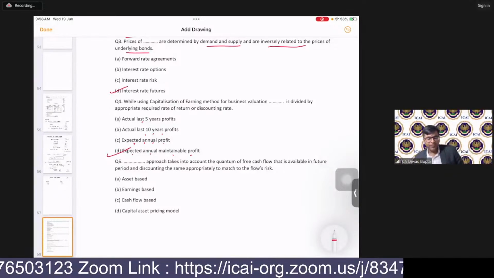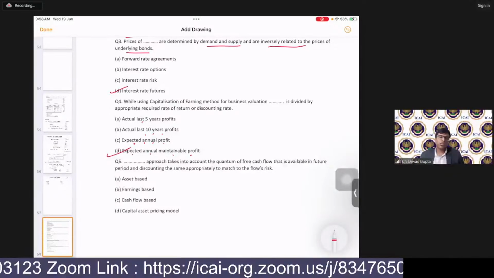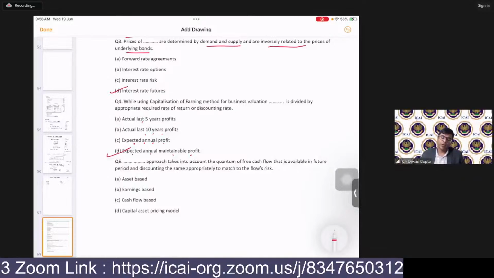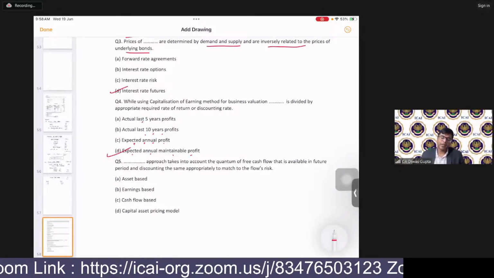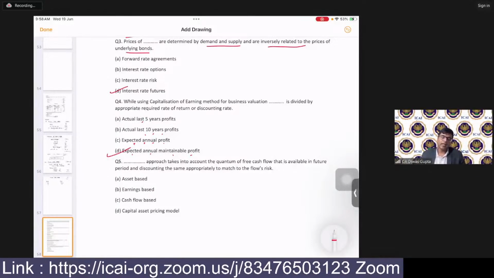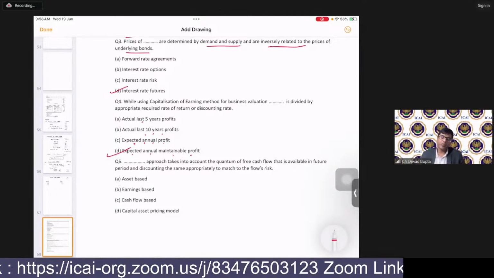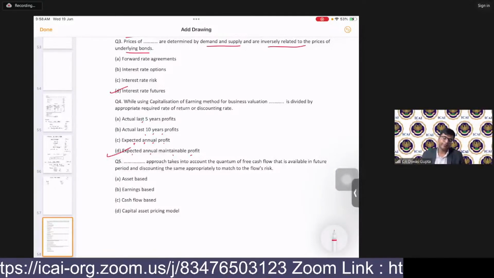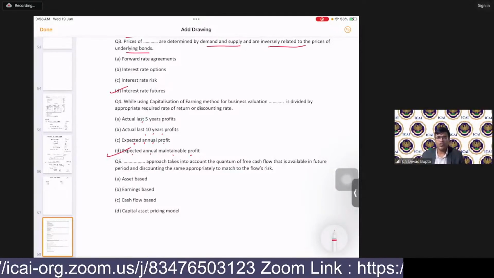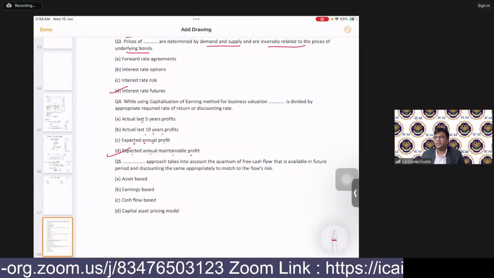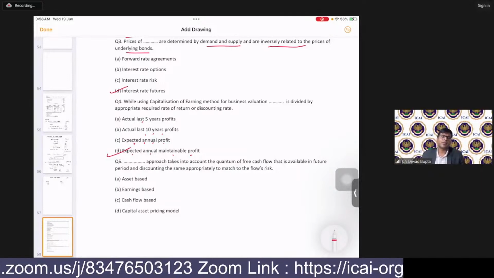Then last question, students. Question number 5. Dash approach takes into account the quantum of free cash flow that is available in future periods and discounting the same appropriately to match the flow's risk. Just now we discussed, just a few minutes back, students.